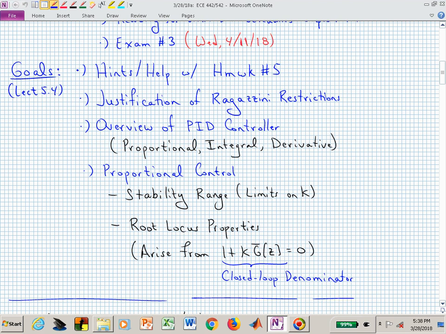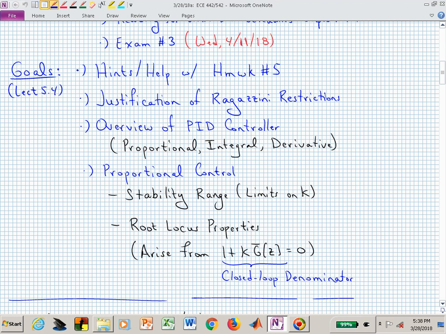In PID, you could have a P controller, a PI controller, a PD controller, or a PID controller, all different kinds of combinations. We will start with the easiest, the P controller, the proportional, and that will allow us to start talking about this strategy of root loci.